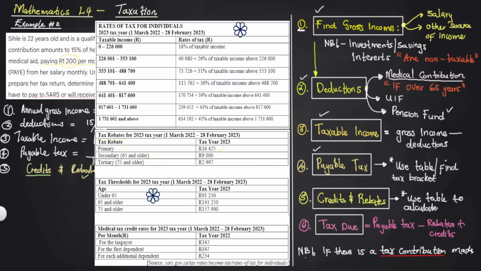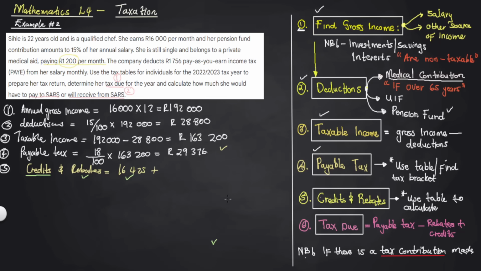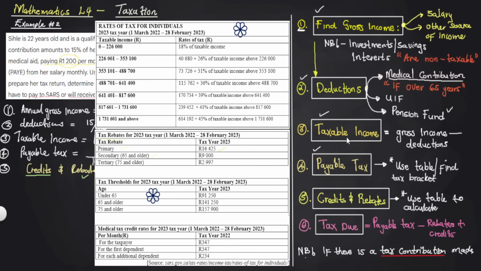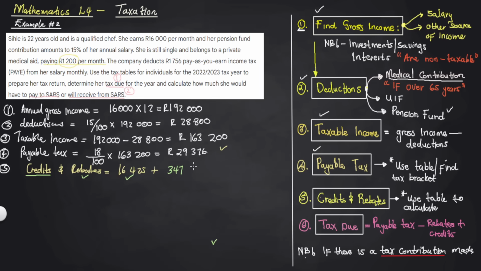Since we only deal with the annual amount, we take this 347, and you multiply by 12.